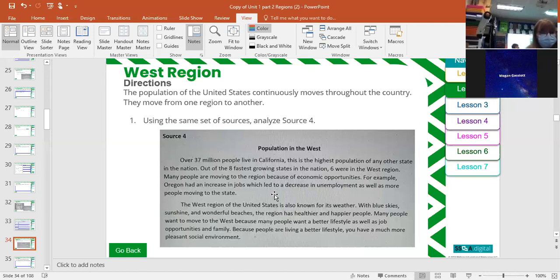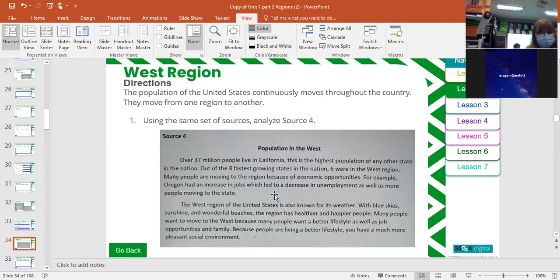The West region of the United States is also known for its weather, with blue skies, sunshine, and wonderful beaches. The region has healthier and happier people. Many people want to move to the West because they want a better lifestyle, as well as job opportunities and family.